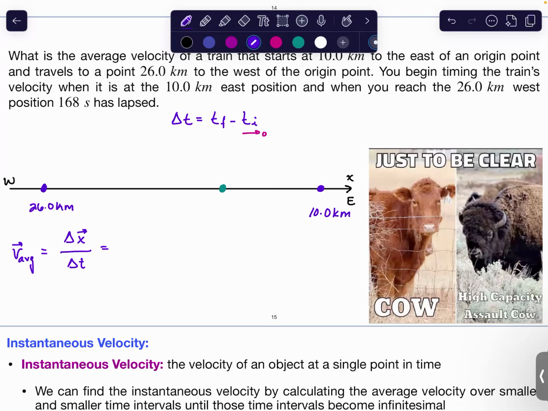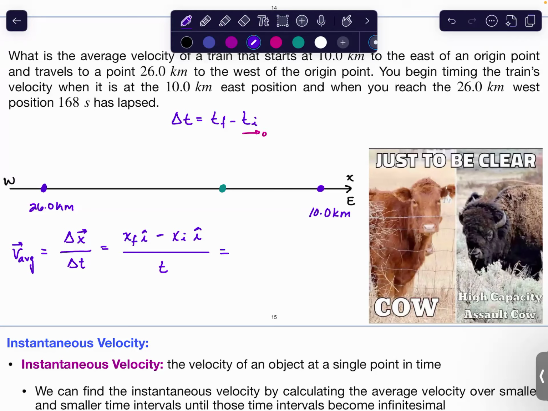So that's going to be x final i hat minus x initial i hat, and I'm just going to put over t because we remember t initial is 0. So the time that we're traveling is 168 seconds.